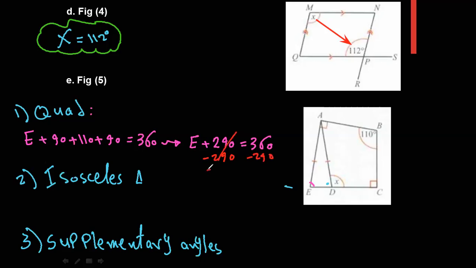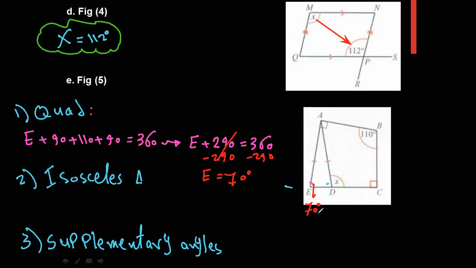The value of E finally should be 360 minus 290. You can use your calculator to find it equals 70 degrees. So now I know the angle E equals 70. The size of angle E equals 70 degrees.